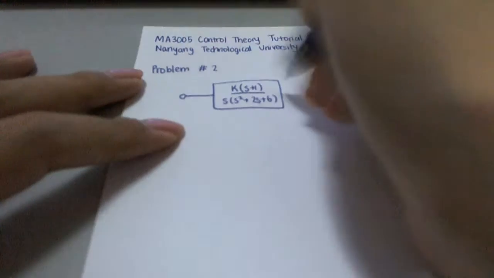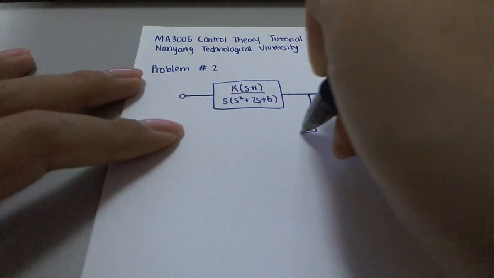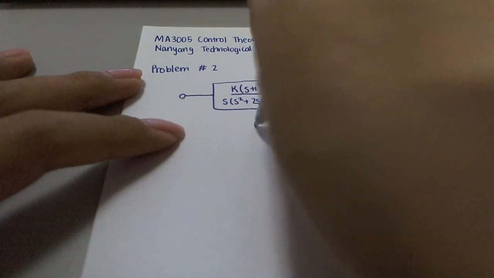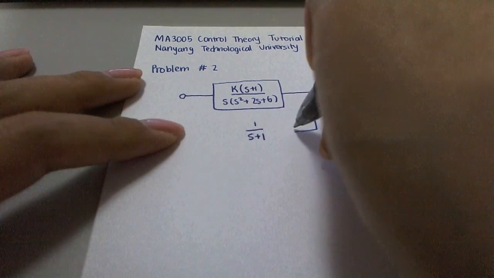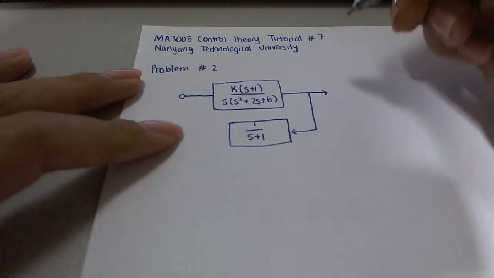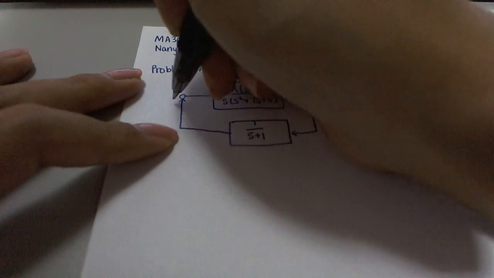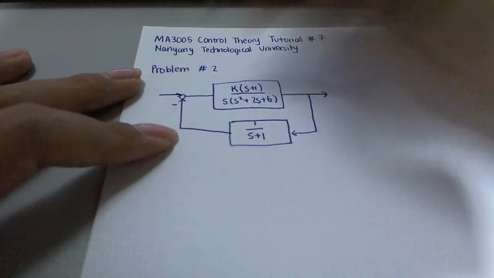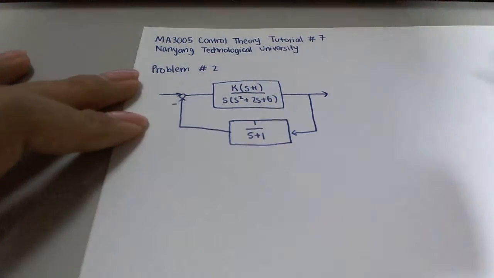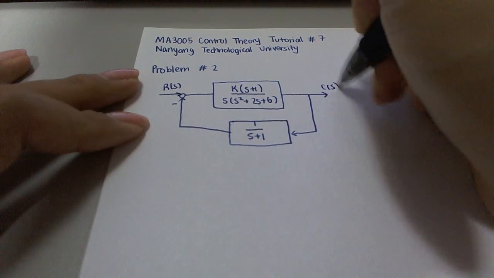There is a feedback block of 1 over s plus 1 at the feedback, and this is going to be a negative feedback. I'm going to complete everything with the input and the output.